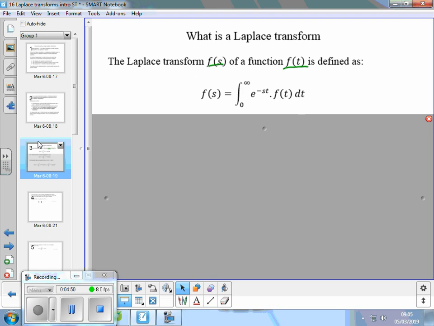Okay, so that's how you find the Laplace transform of a particular function.